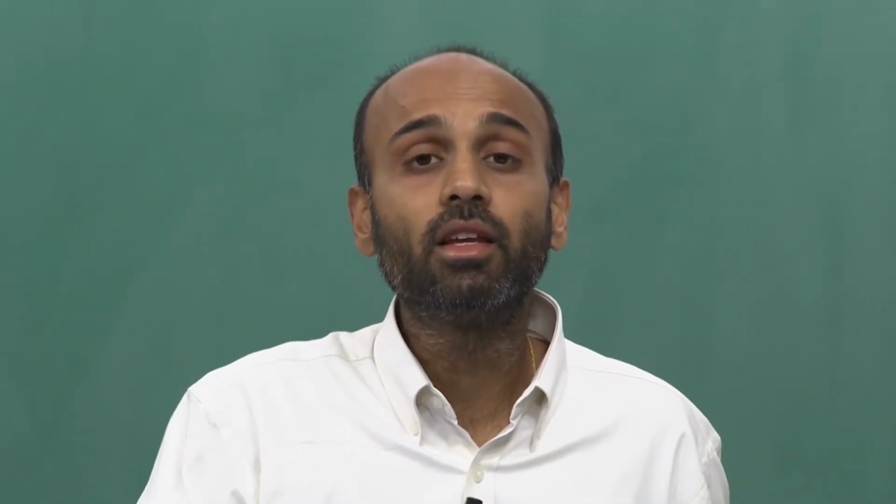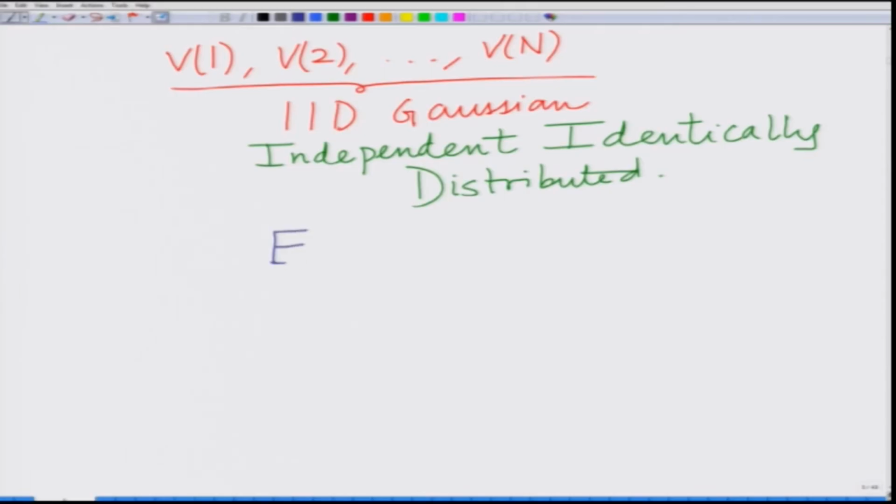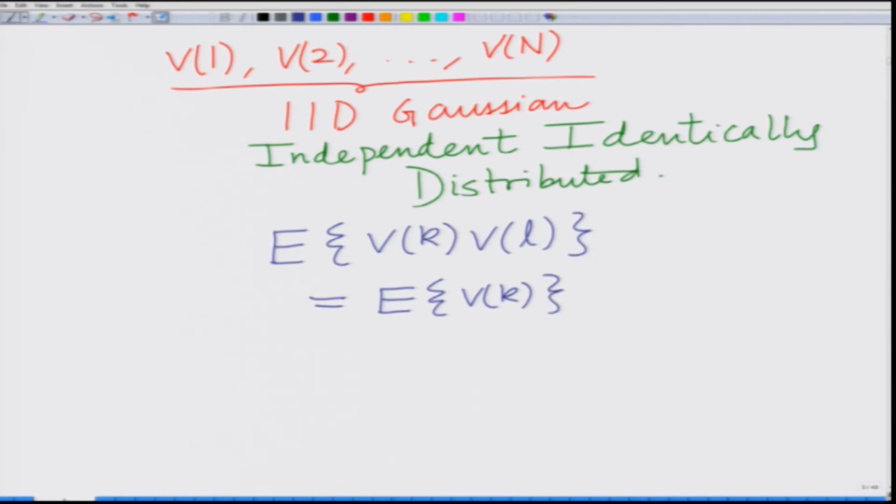And further, these different V's are independent, which means if I look at the expected value of Vk into Vl, since they are independent, this will be equal to the expected value of Vk times the expected value of Vl. So, this is 0, this is 0.